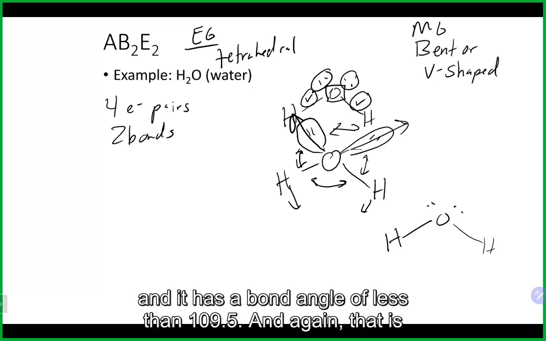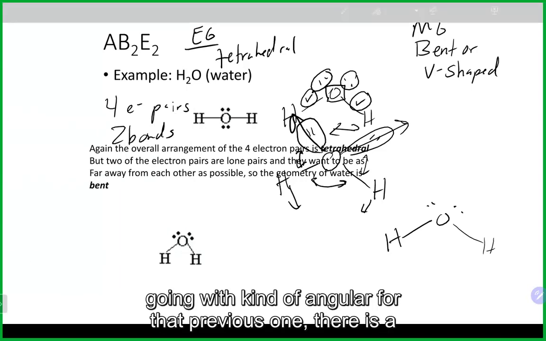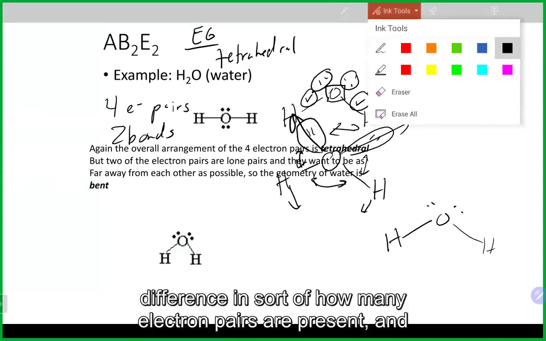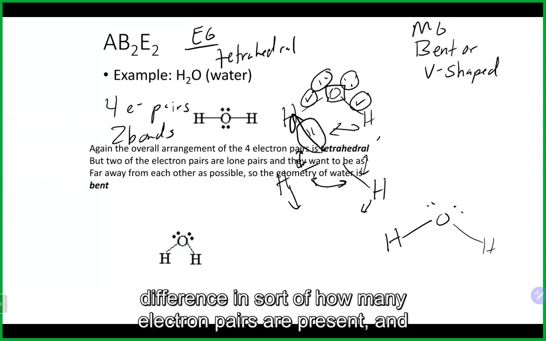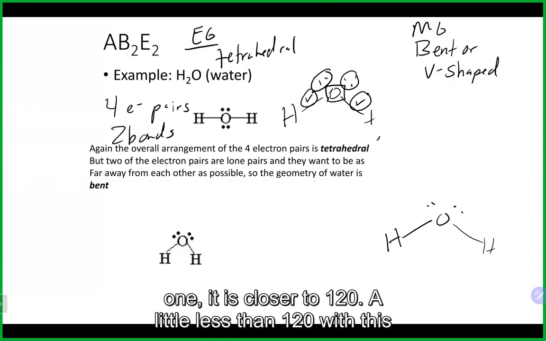And it has a bond angle of less than 109.5. And that is why, as we talked about previously, we will be going with angular for that previous one. There is a difference in how many electron pairs are present and the actual bond angle that you see. With that angular one, it is closer to 120, a little less than 120.